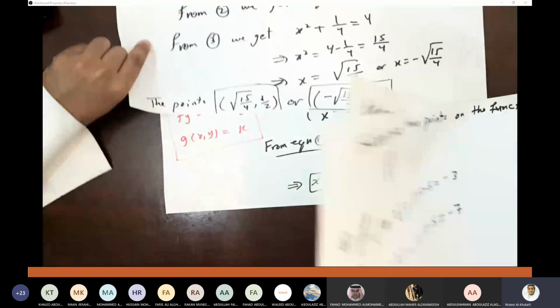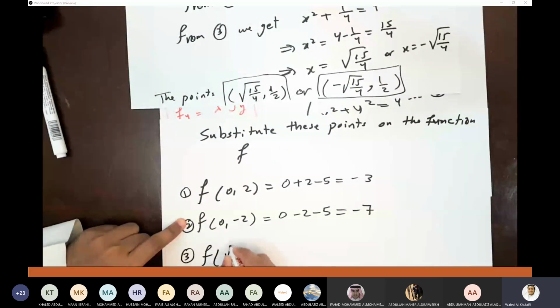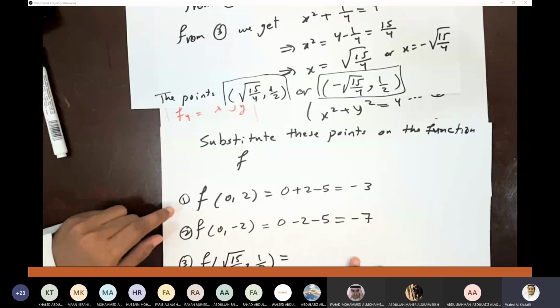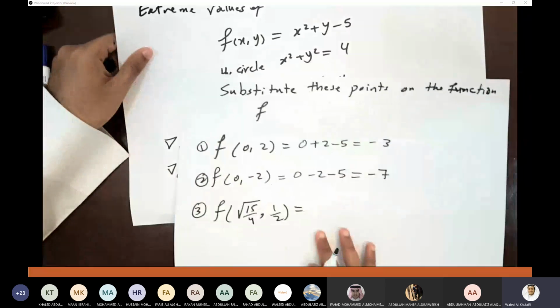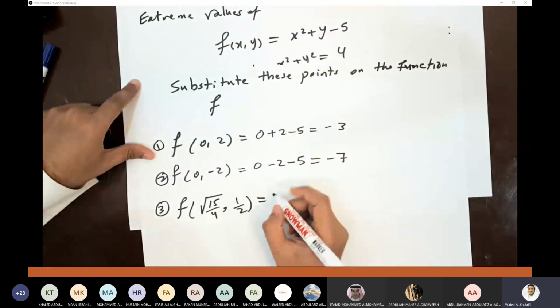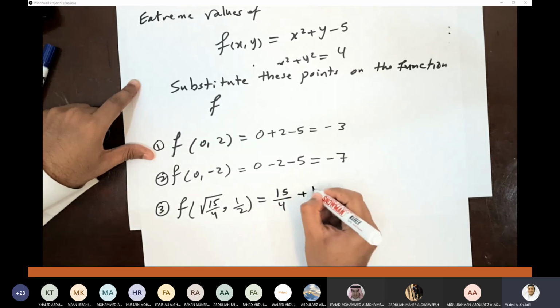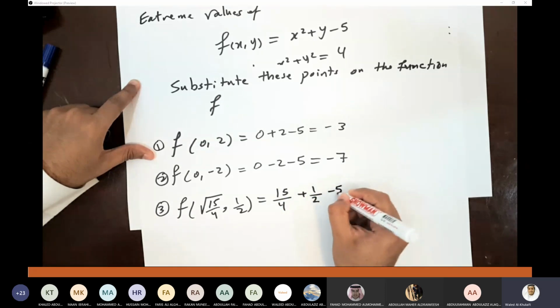نمبر 3, البوينت الثالثة يا شباب اللي هي هذه حقت السكوير روت. اوكي, f of (square root of 15 over 4, 1 over 2) equals. طيب الفانكشن مرة ثانية يا شباب هذه x square, فلما تربع هذه ايش يصير عندي؟ حيطلع لي automatically 15 over 4, right? And then plus half minus 5.